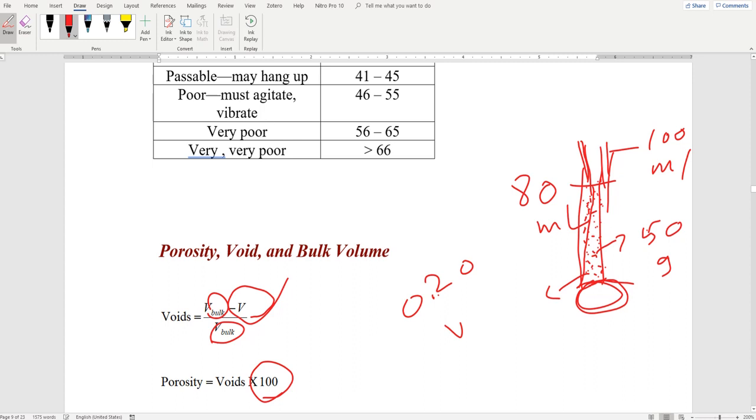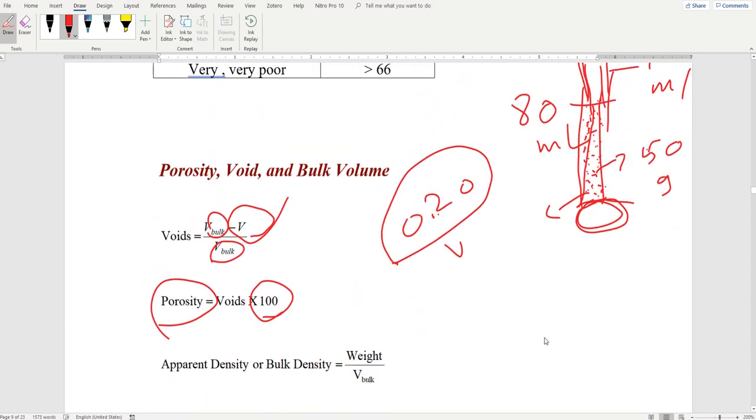People will understand it as a percentage, as a porosity, more than as a fraction. Instead of saying 0.2, we use it as a percentage and we call it porosity. So porosity is the common name used to indicate how much spaces are there in the powder. Okay?